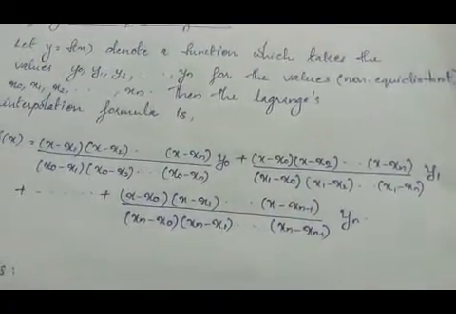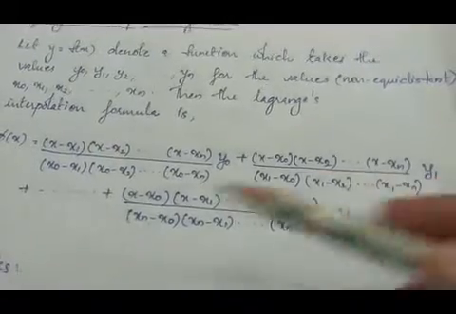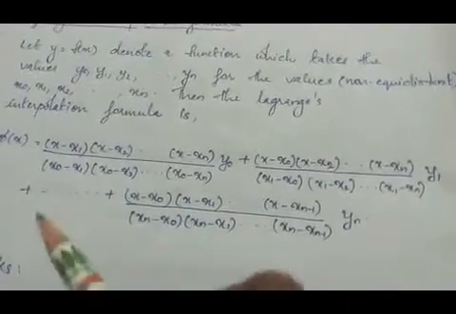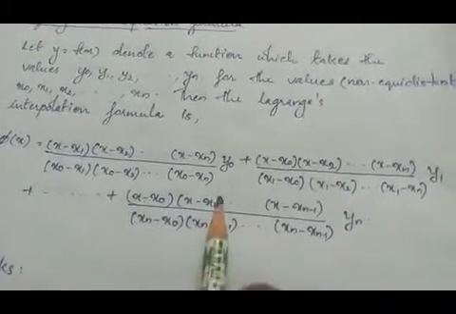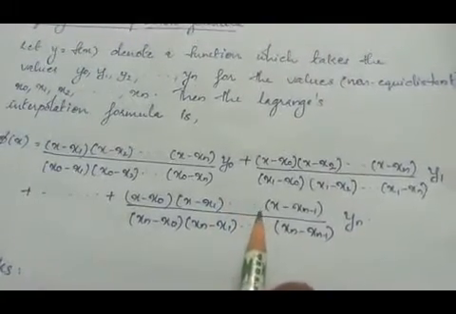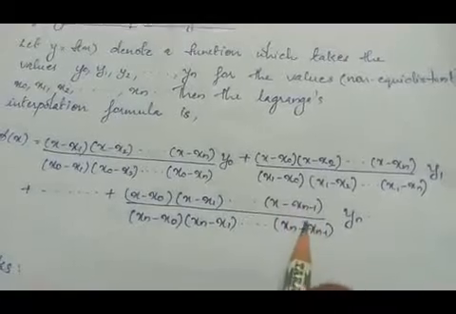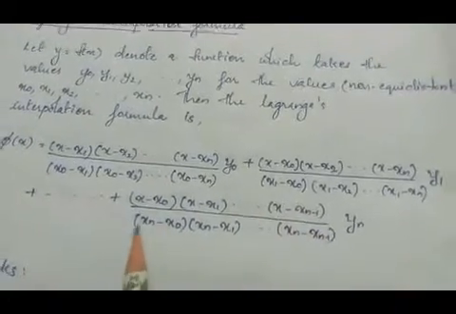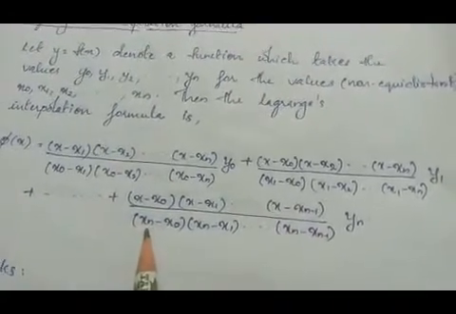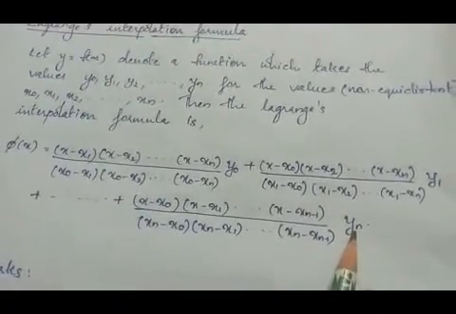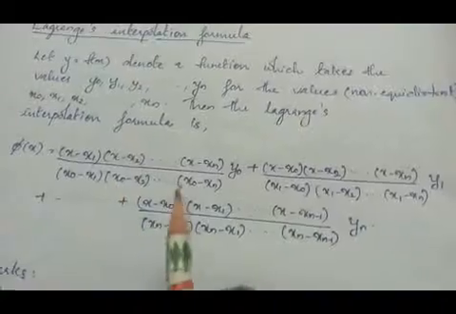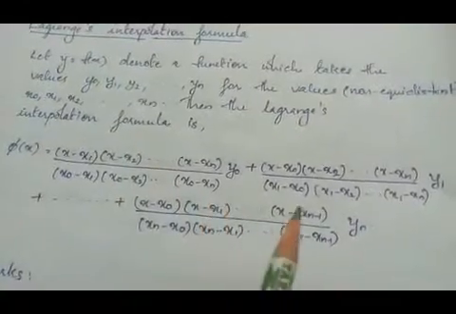And the y term will be, instead of y1, y2. Likewise the nth term, in the nth term what will be avoided? x minus xn will be avoided. All other terms will be there, and in the denominator x will be replaced by xn and multiplied by yn. So this is the pattern for Lagrange's interpolation formula.